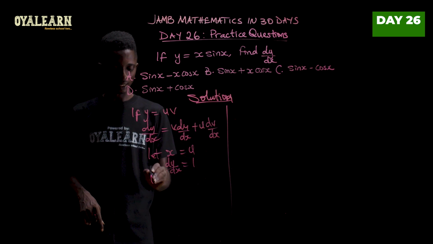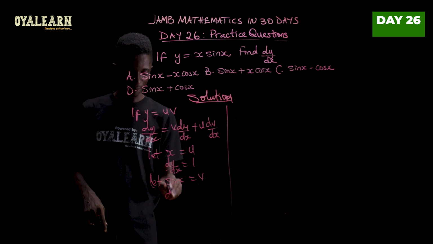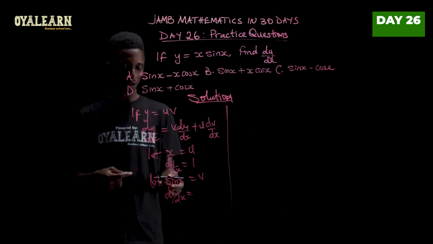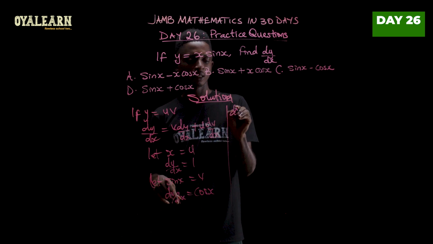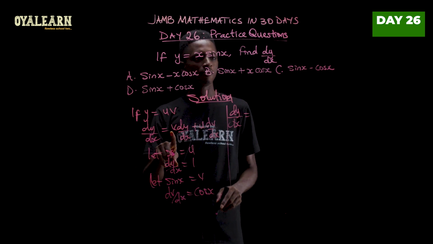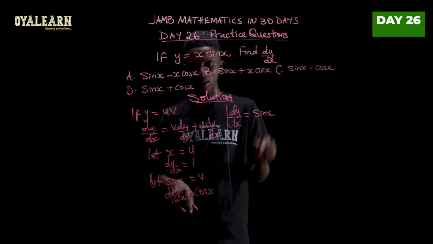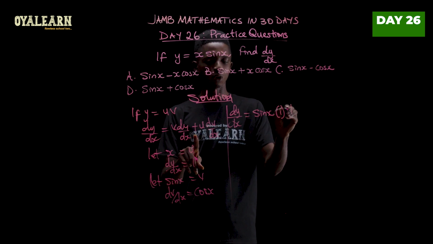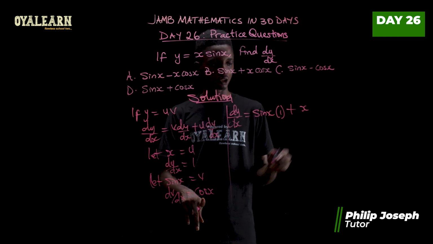And then we can say let sine x equal v, thereby our dv/dx will be, now when we find the first derivative of sine x, you get cos x. So applying the rule, dy/dx will therefore be, now v is sine x, and then du/dx is 1, so multiplied by 1, plus u is x, then dv/dx, which is cos x.